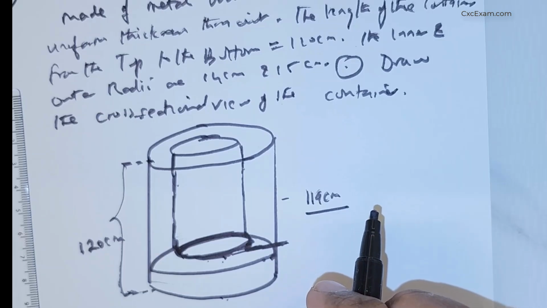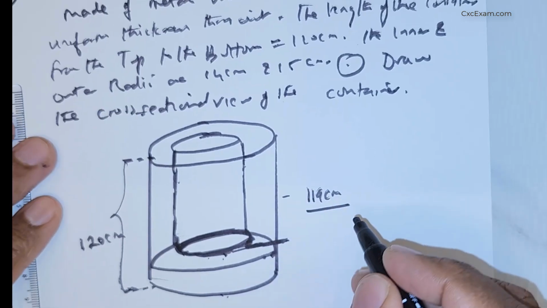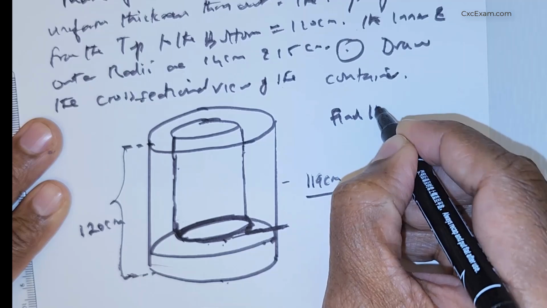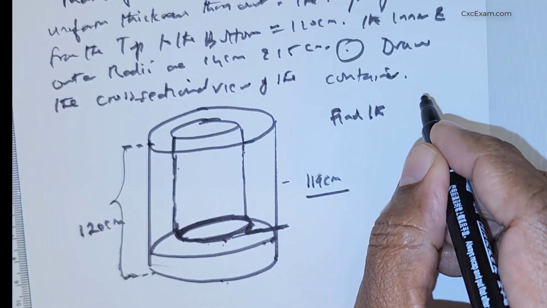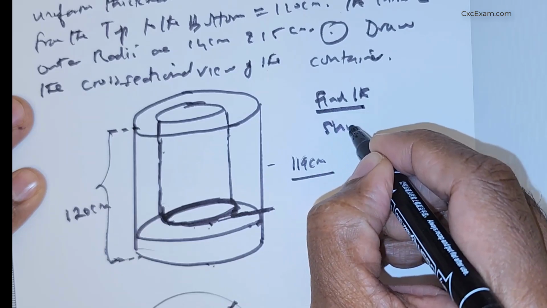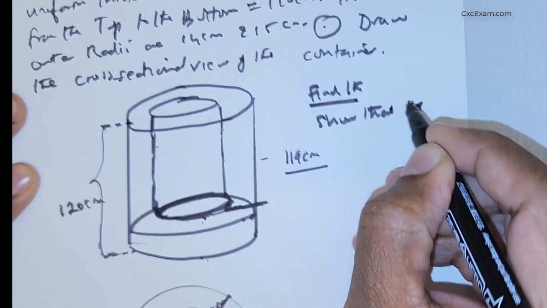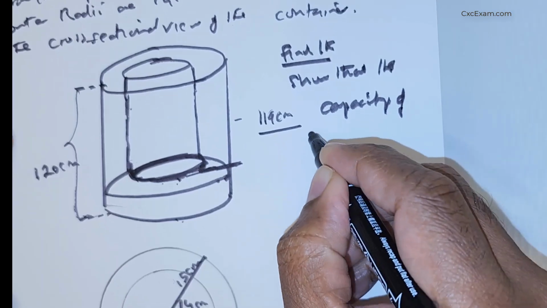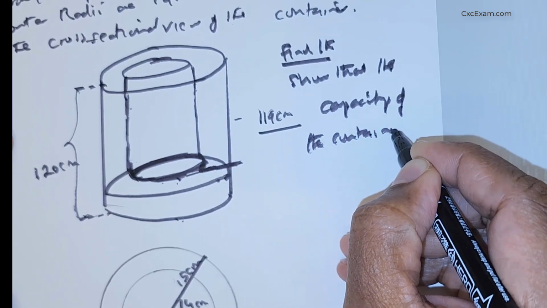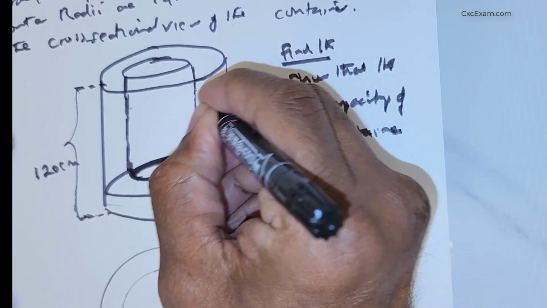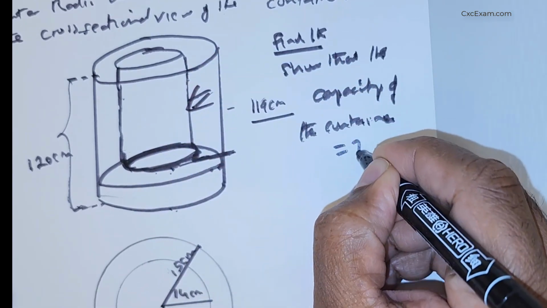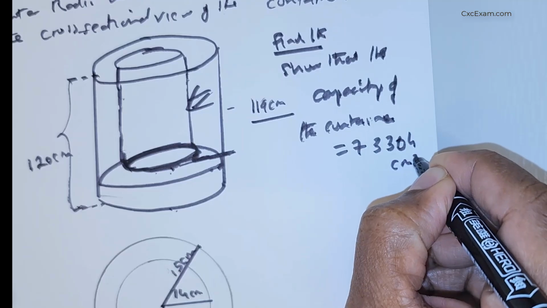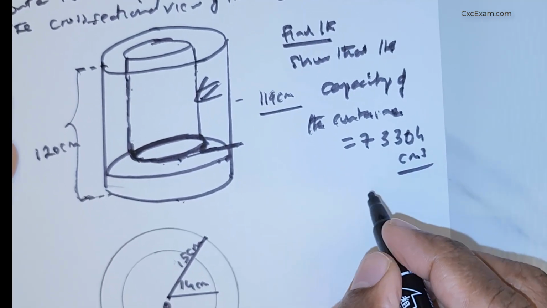I explained this height because the second part wants us to show that the capacity of the container, this is the container we are talking about, is equal to 73304 cm cubed. So we have to show the container's volume.